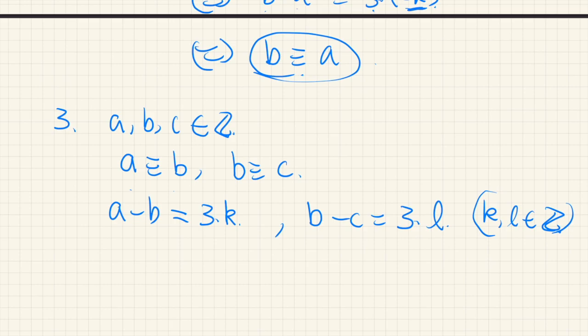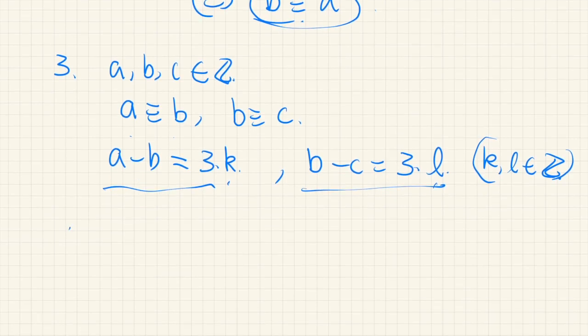So there must exist some integers k and l such that a minus b equals 3k and b minus c equals 3l. We want to show that a minus c is a multiple of 3. So for a minus c, we add b and subtract b: a minus b plus b minus c.